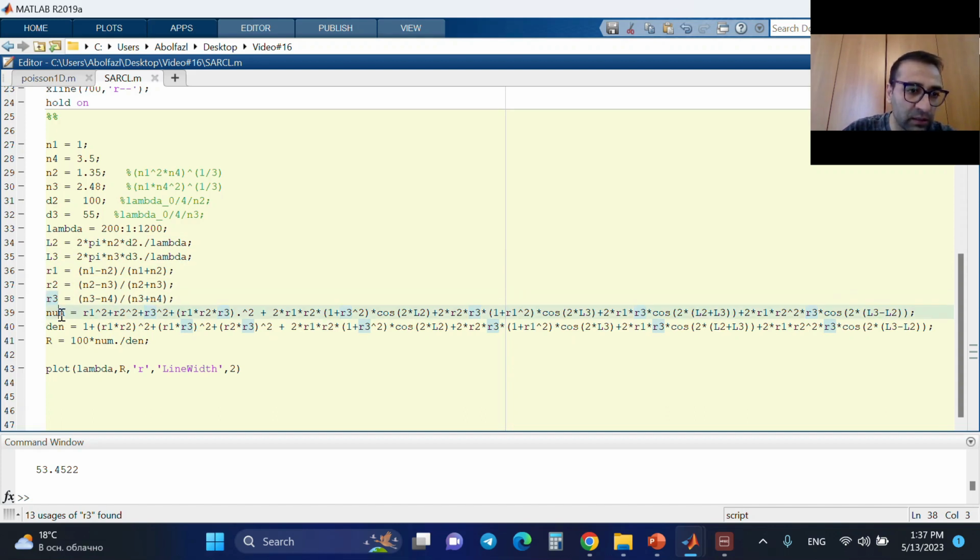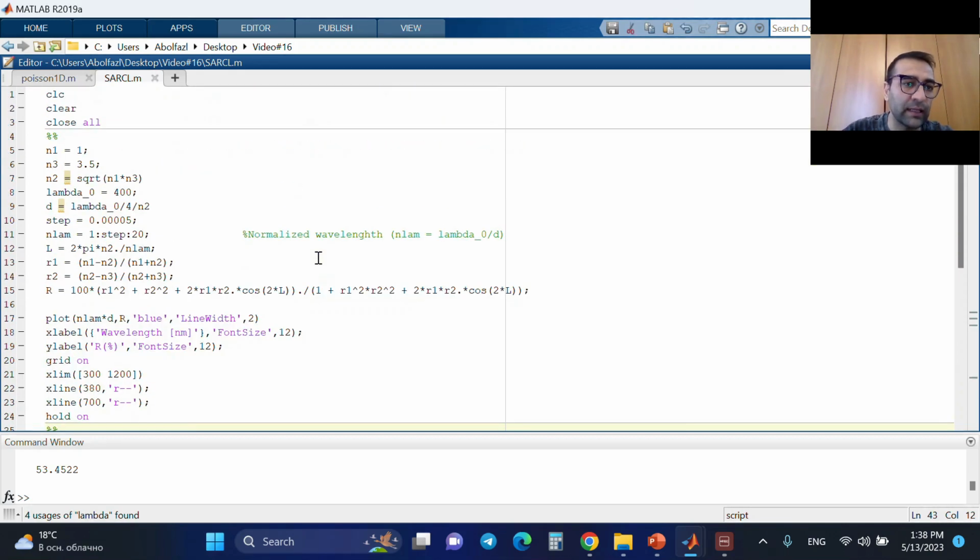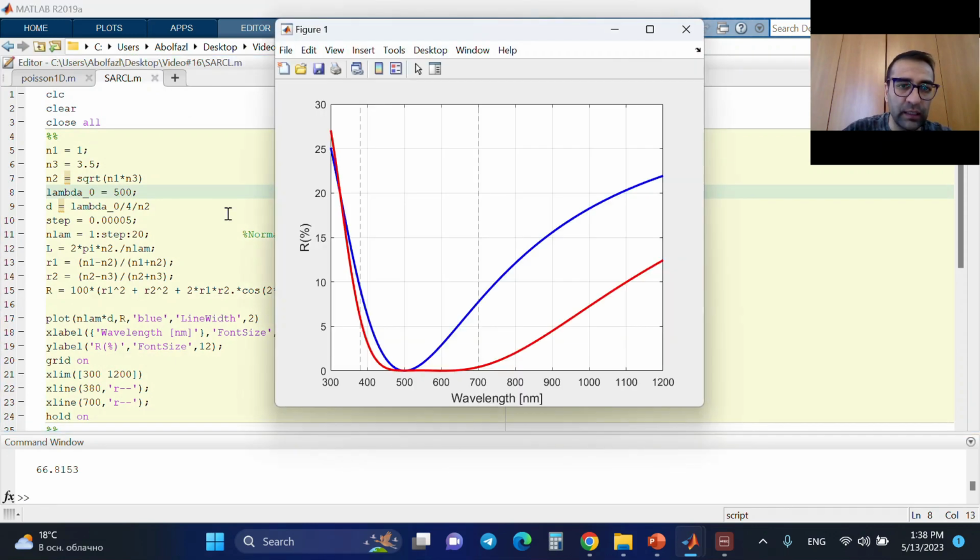This is the numerator of the equation that we have derived, and this is the denominator. If we want to express it in percent, it should be 100 times numerator divided by denominator, and I just draw R versus lambda.